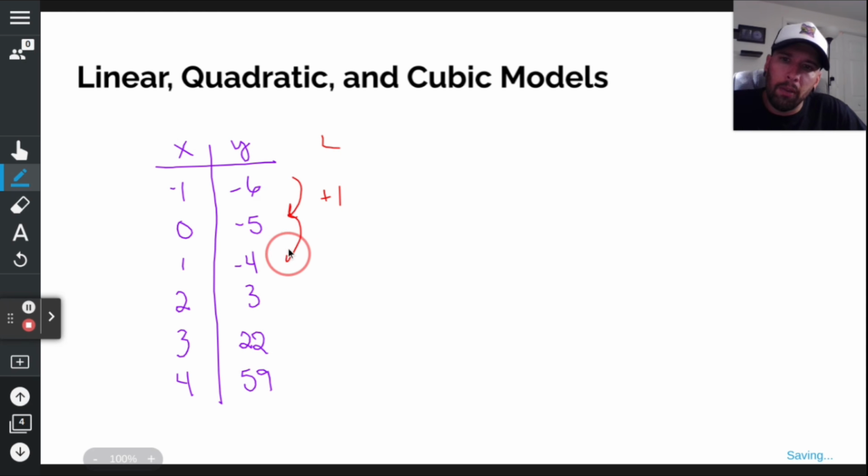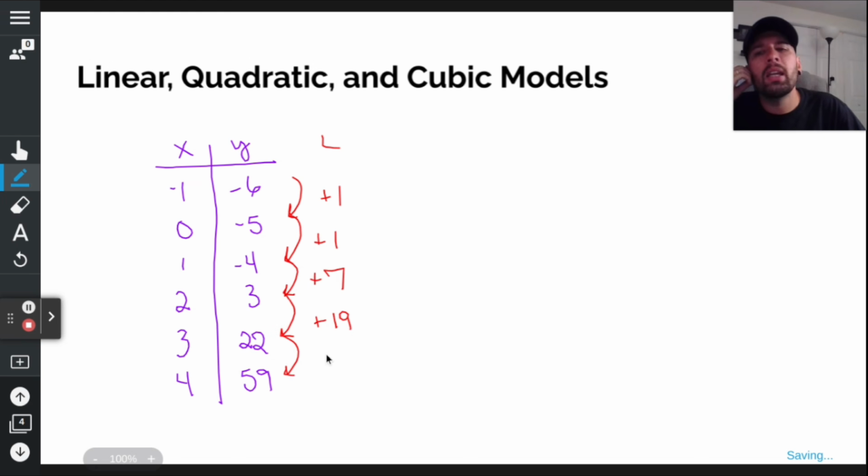To go from -5 to -4, I add 1. To go from -4 to 3, I add 7. To go from 3 to 22, I add 19. And to go from 22 to 59, I add 37. Definitely not linear.